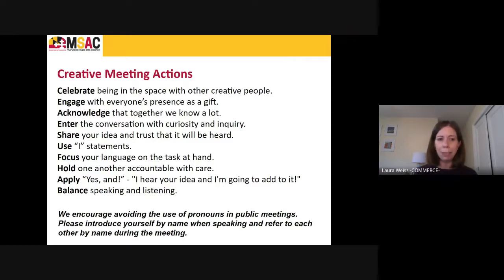Use I statements. Focus your language on the task at hand. Hold one another accountable with care. Apply yes and: I hear your idea and I'm going to add to it. And balance speaking and listening. And we do encourage you to avoid the use of pronouns in public meetings. Please introduce yourself by name when speaking and refer to each other by name during the meeting.